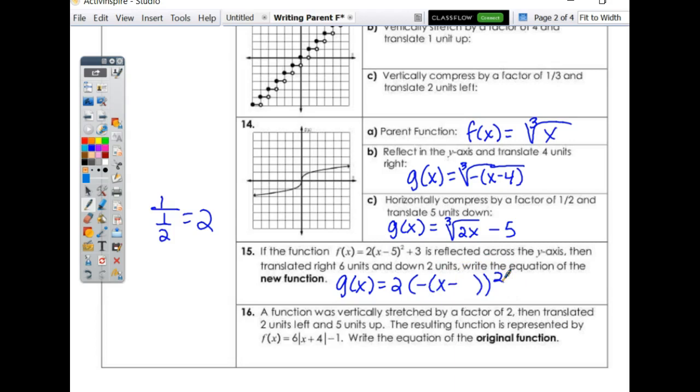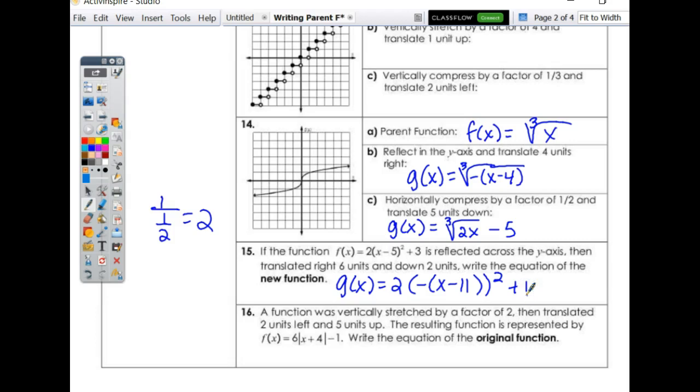So then I'm going to translate 6 to the right. So if I start at minus 5 and I'm translating 6 to the right, minus 11. And then the plus 3, I want to go down 2. So where would I end up? Plus 1.